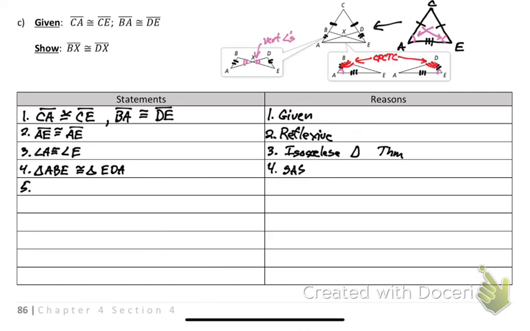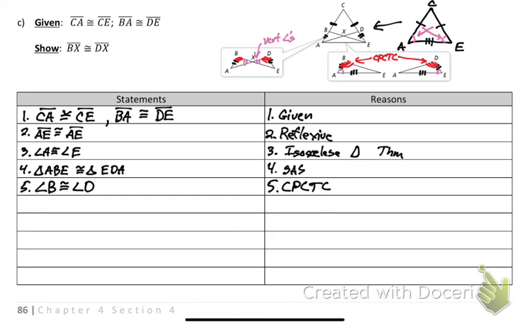CPCTC tells me that angle B is congruent to angle D on those two drawings. That is our CPCTC. And I can make those marks on here.